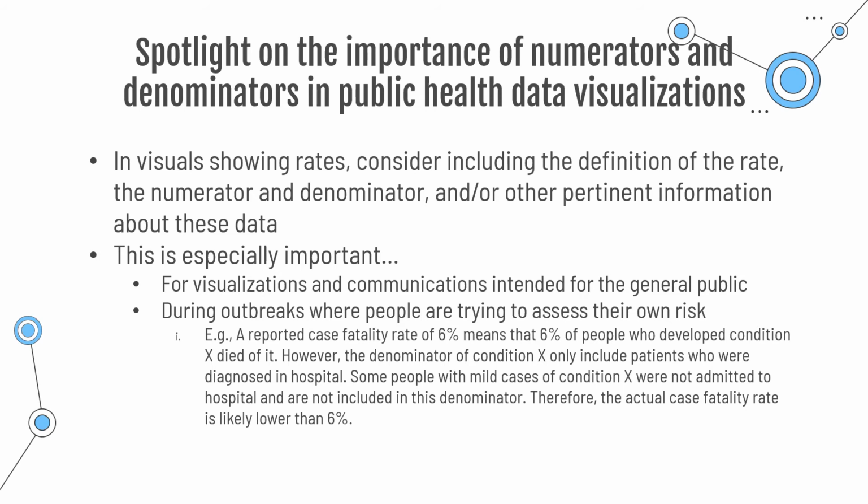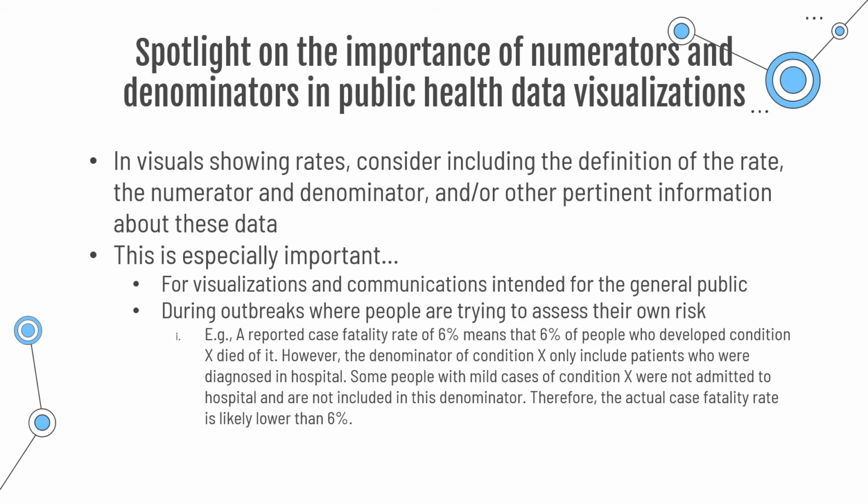So these kinds of information are especially important for visualizations and broader communications intended for the general public. And this information is also important to include during outbreaks when people are actively trying to use the information in the graph to assess their own risk.